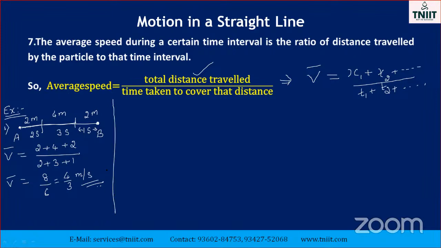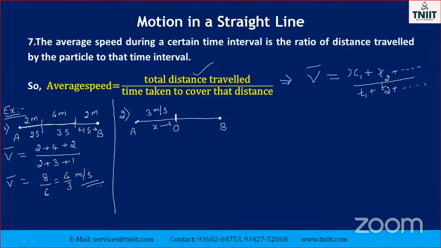Now let us take up the second example. A is the initial point. B is the final point. There is a midpoint O. Now, the first half of the distance is covered by the particle with the speed 3 meter per second.